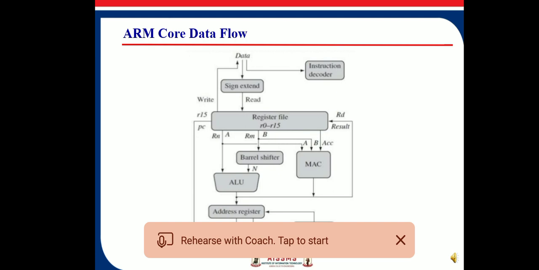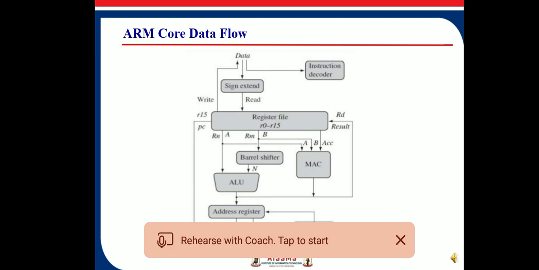Since the ARM 7 processor is basically a RISC processor, it uses load store architecture. This means it has two instruction types, load and store, for transferring data in and out of the processor respectively. Load instruction copies data from memory to registers in the processor core.